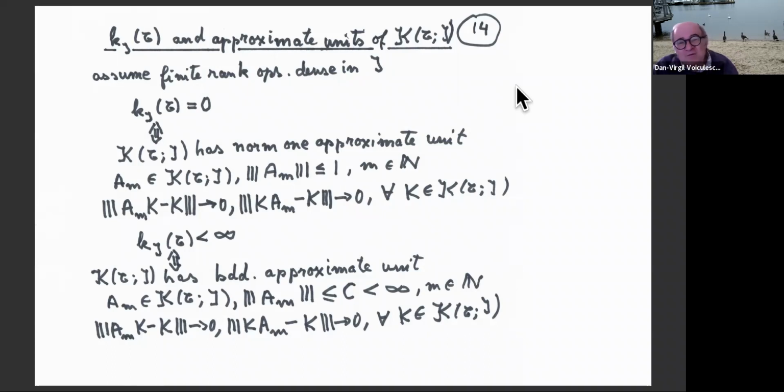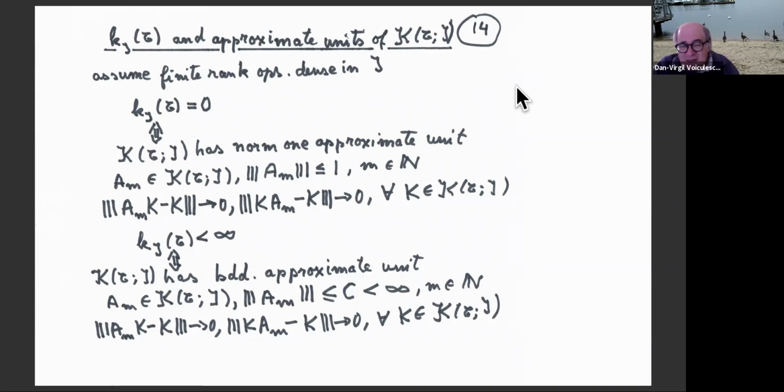And what you have here is this ideal K tau I, where all the structure comes from, and the quasi-central modulus has to do with approximate units. Now, the quasi-central modulus, what is interesting about this, except exact values, is whether it is 0, whether it is infinity, or whether it is finite and non-zero.